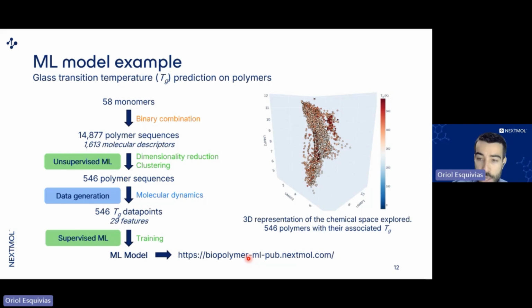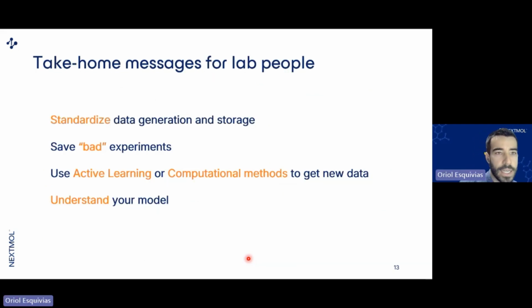So to finish this presentation, I will give you some messages. The first one, standardize the generation and the storage of the data. So follow protocols, use the same, because then it will get easier when you have to compile and use that data for machine learning models or for other things. Another important thing, save those experiments that maybe don't look good, but if they are obtained following the protocol, they can be fed to the model.